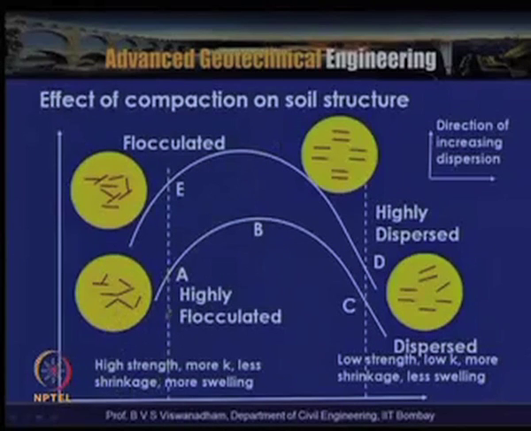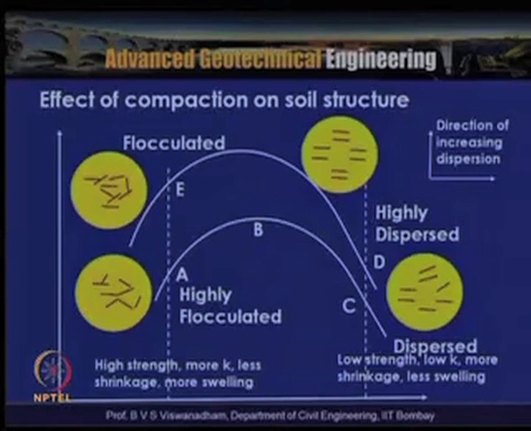At point A, the soil structure or soil fabric is highly flocculated in nature, and it has high strength, higher permeability, less shrinkage and more swelling. As we traverse from A to B, the particles undergo rotation, and then at point C, the soil solids have been replaced by more water. Hence the low strength, low permeability, more shrinkage and less swelling.